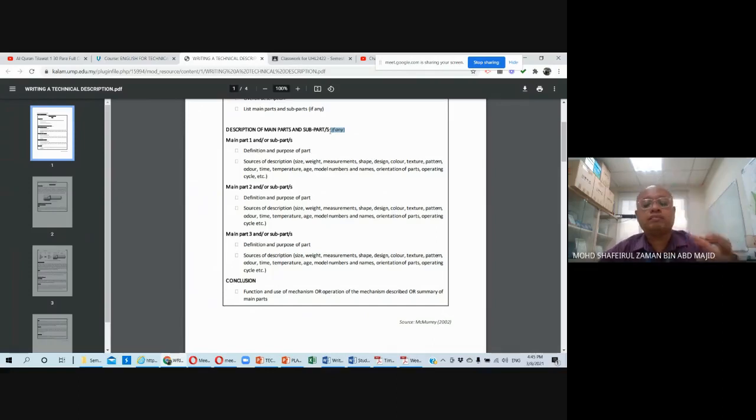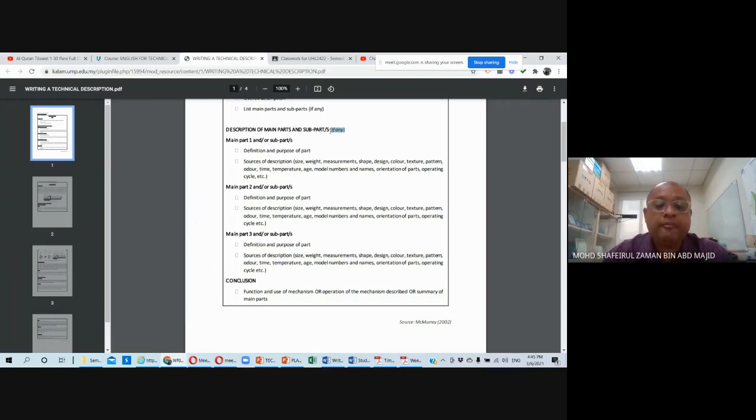For example, if you're going to describe an electric kettle, you have the handle, the lid, the container or the body of it, then the heating element at the bottom of it.